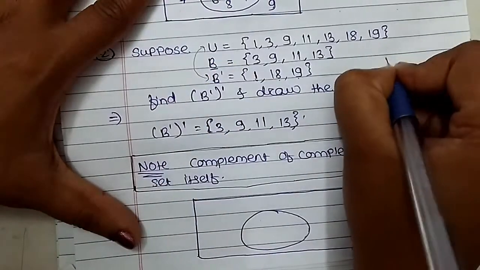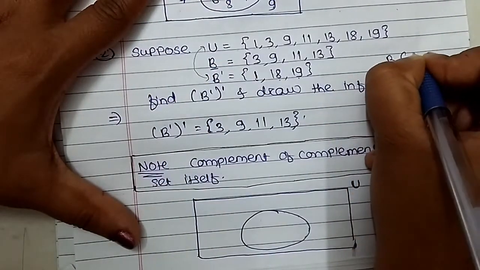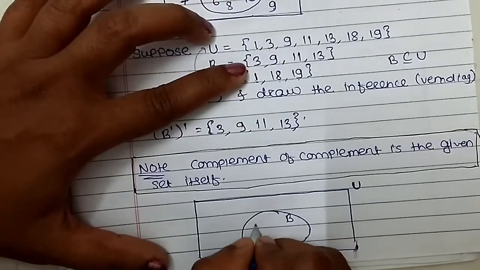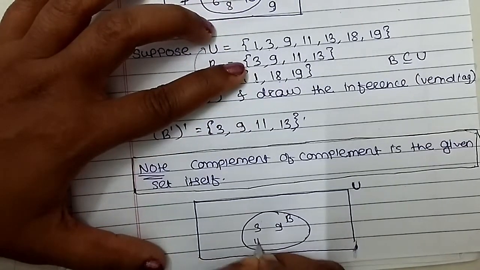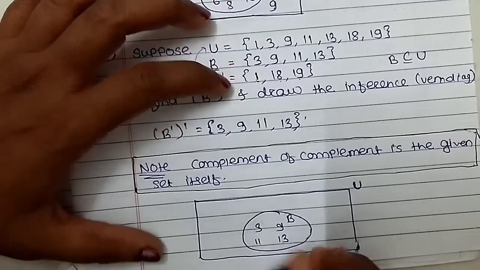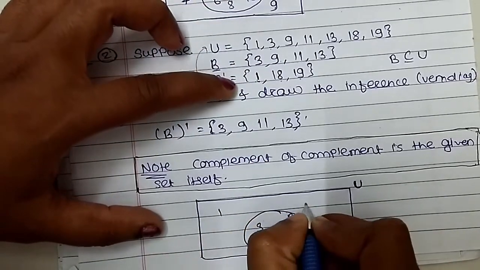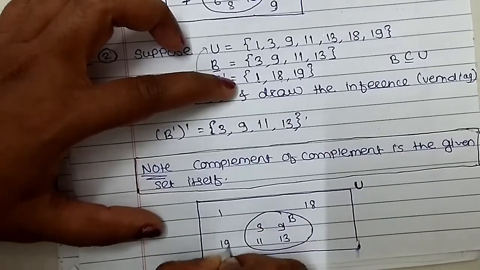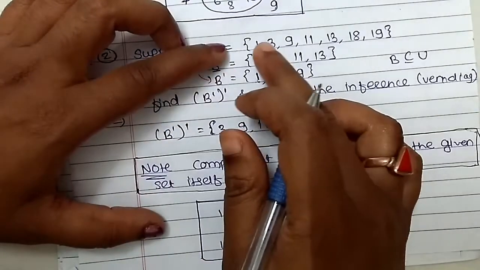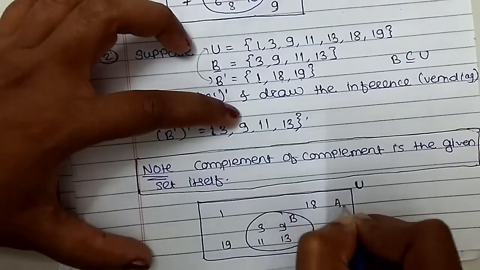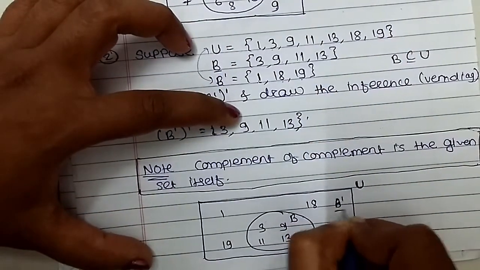B. B is the subset of U. So write down B, all the elements including B, that is 3, 9, 11 and 13. Okay, next thing is what? Write down all the remaining elements which are not included in B, that is 1, next 18, then 19, and this set is called B's complement set.